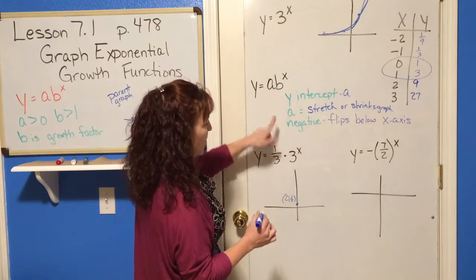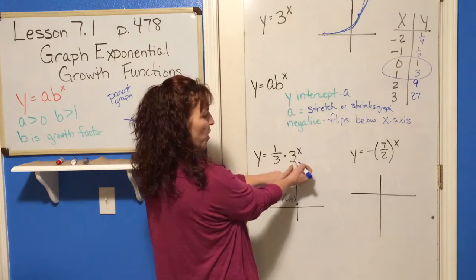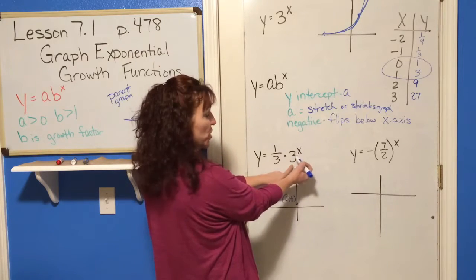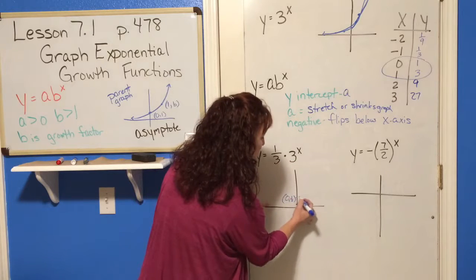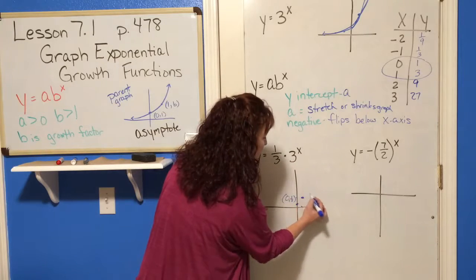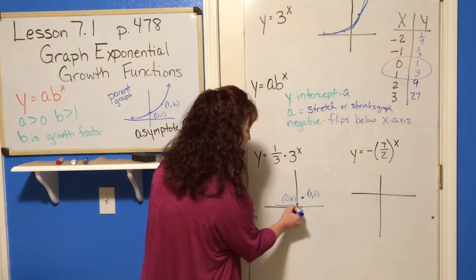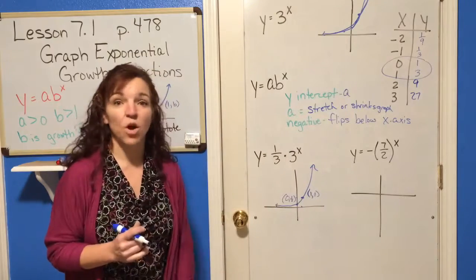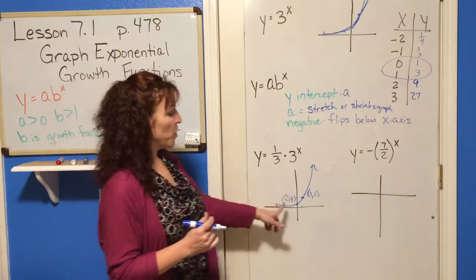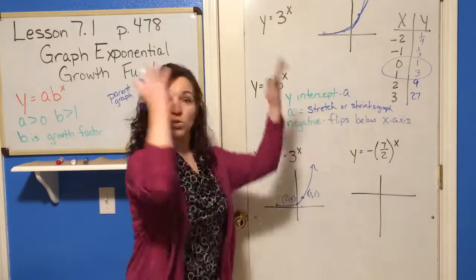And then if we put in 1 for x, 3 to the 1 power is just 3, and 3 times 1/3 is 1. So we have the point (1, 1). And then we know that the curve is going to look like that. So we're done. That's really all you need to do. So you put in 0 for the x, put in 1 for the x, and then just graph it.